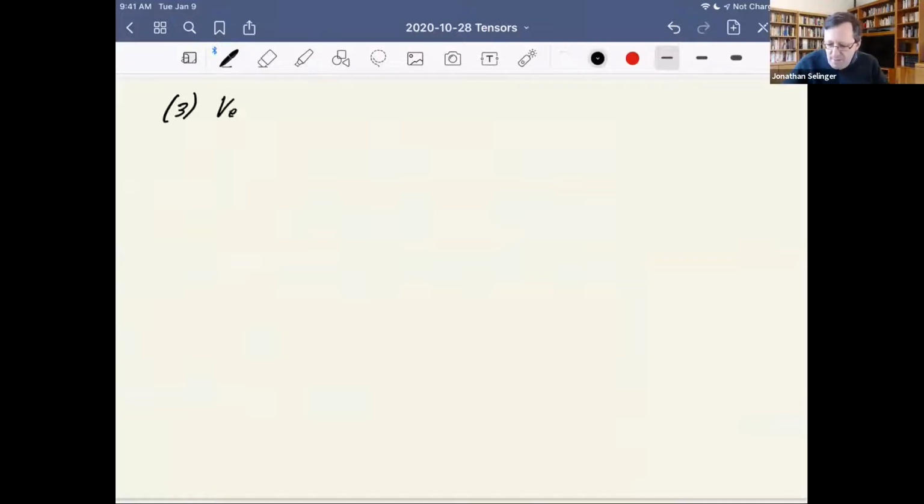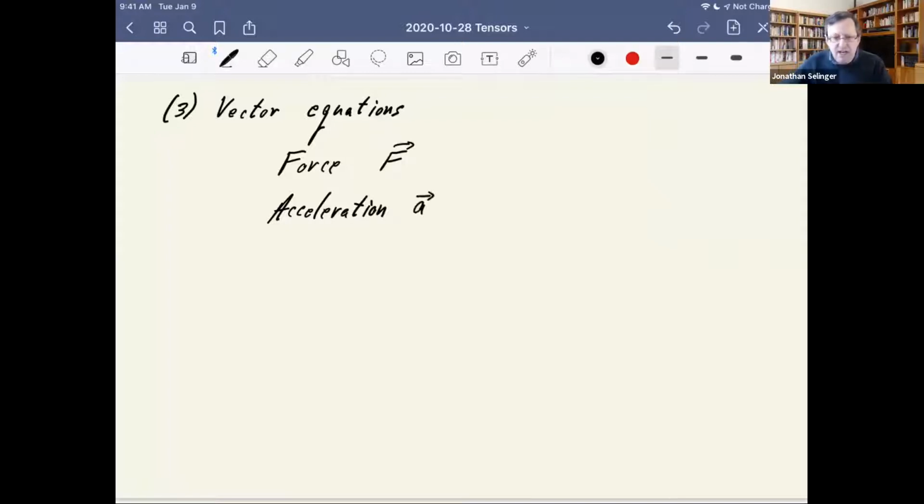Suppose we think about vector equations. Suppose they each measure the force F and the acceleration A. They each have their own set of numbers for that.